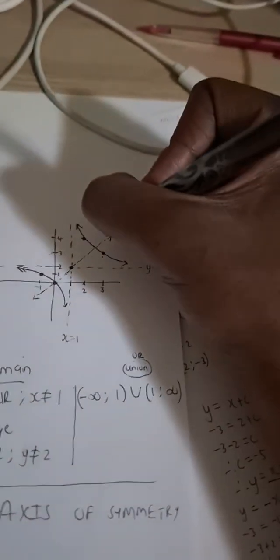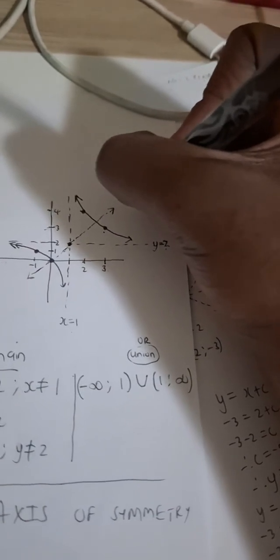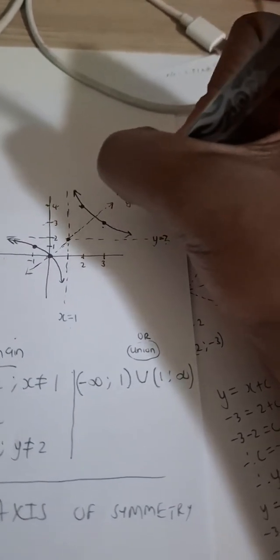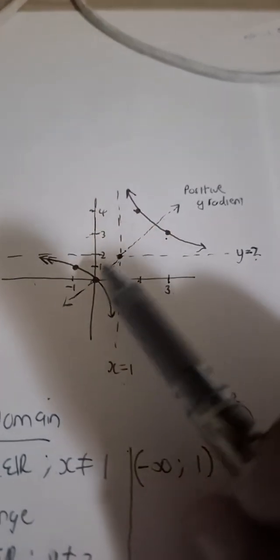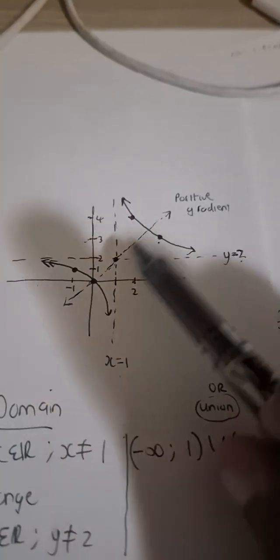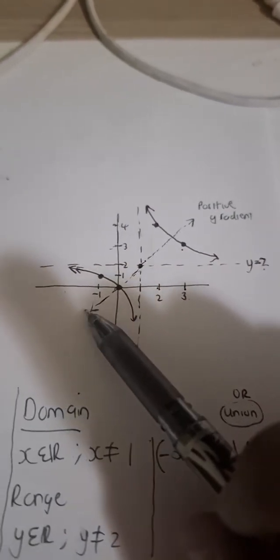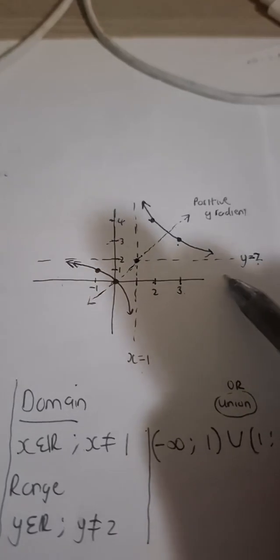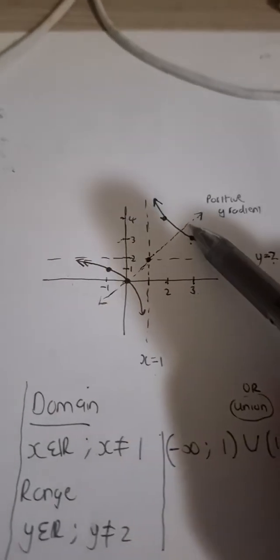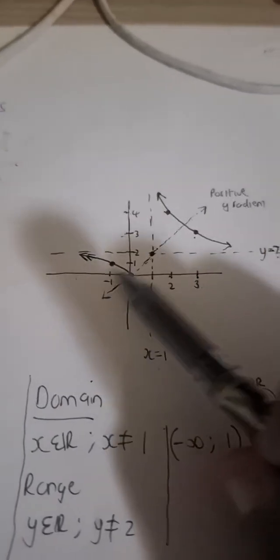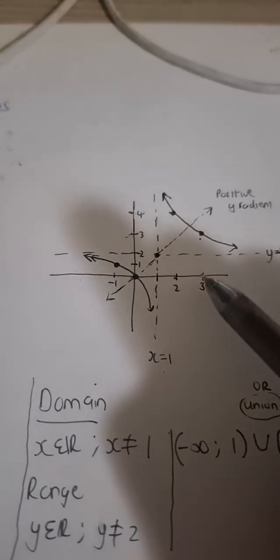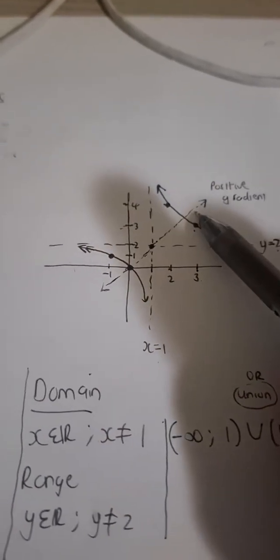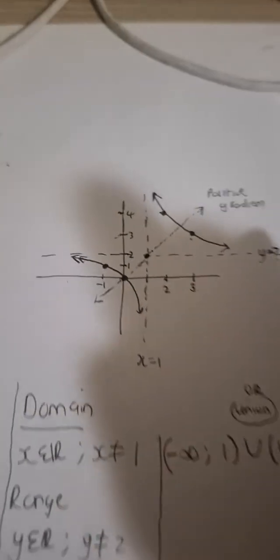which has a positive gradient, passes. And by positive gradient, remember guys that gradient has to do with the slope of the function. Here we have an increasing function. Why? Because as x increases, y also increases. From left to right, x is increasing, but from the bottom to the top, what's happening to y? Y is also increasing.